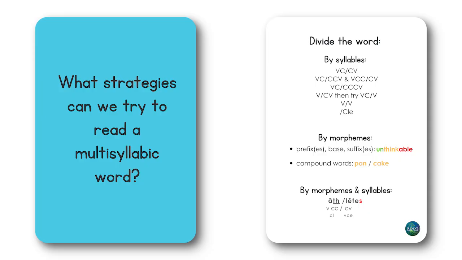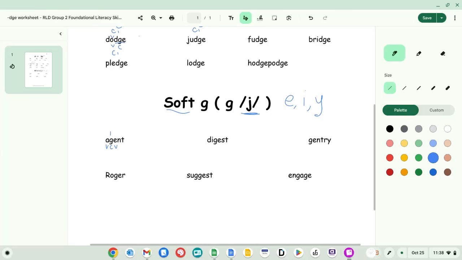When you see this syllable pattern, you try first dividing after the first vowel. So the first vowel is open, so it says A, and this is a closed syllable. So this would say eh.